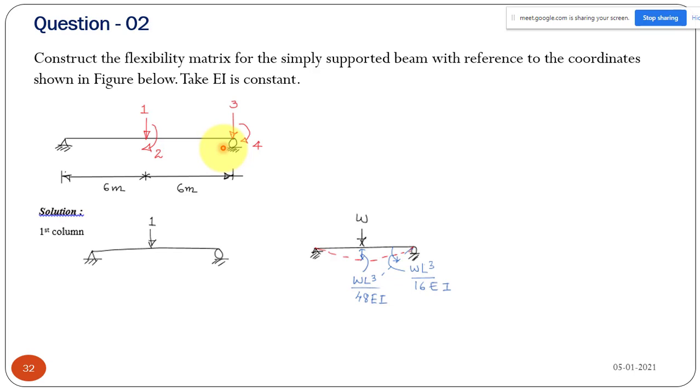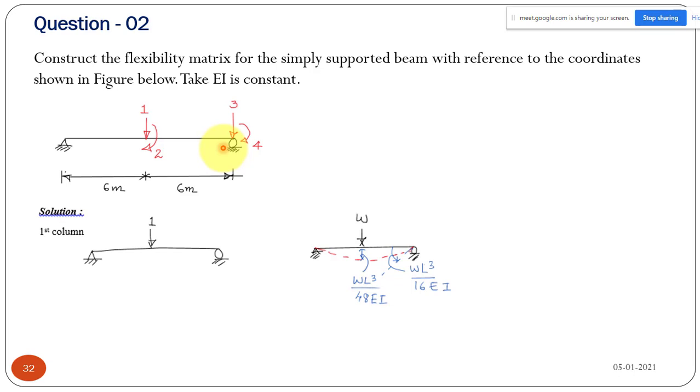To get the first column, you apply unit force corresponding to the first coordinate and find out the displacement corresponding to all the coordinates. So you will get the first column. To get the second column, you apply unit force corresponding to the second coordinate and find out the displacement corresponding to all the coordinates. You will get 4 elements, that will be your second column. Like that you do the third and fourth columns. Only that is the procedure.